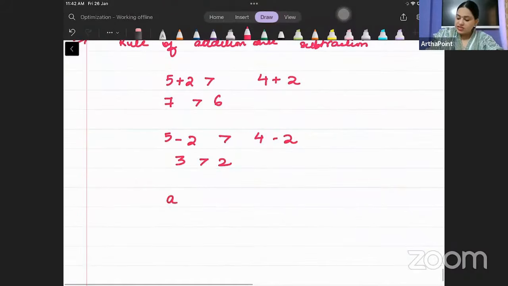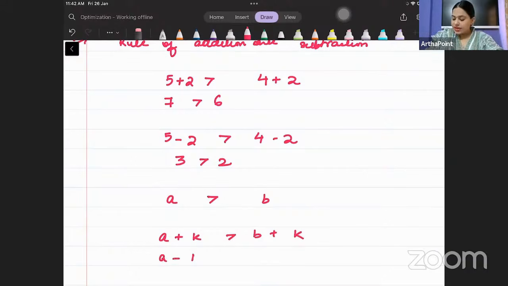So if A is greater than B, if you add K on both sides, so inequality remains unchanged. If you subtract K from both sides, then also inequality remains unchanged. So adding or subtracting does not change your inequality. Your inequality remains unchanged. ठीक है जी.